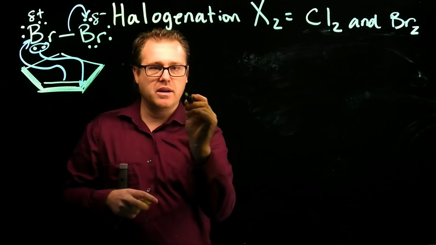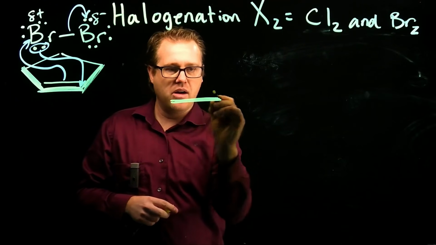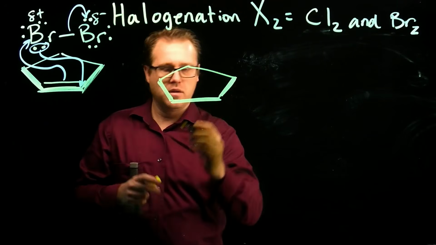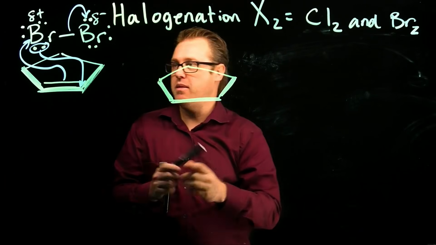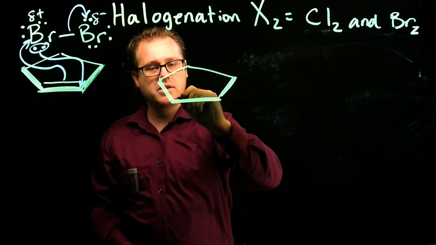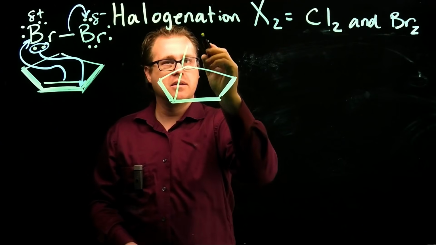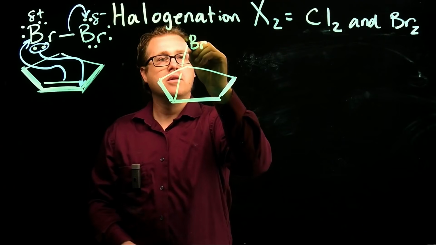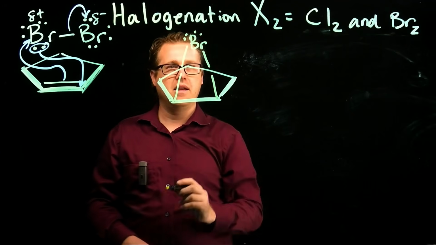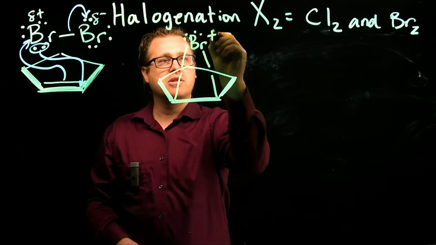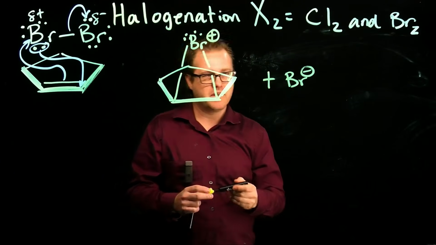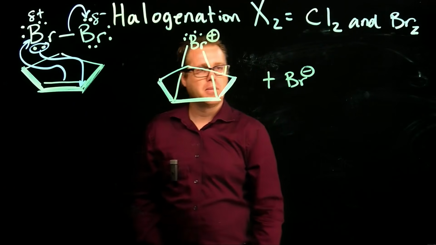And so what we have is what's called a bromonium ion. And how do I want to draw this, right? So we got to go like this. So we have lone pairs, boom, down like that. So now that bromine right there is going to have a positive charge, and then the bromide that left has that. All right?